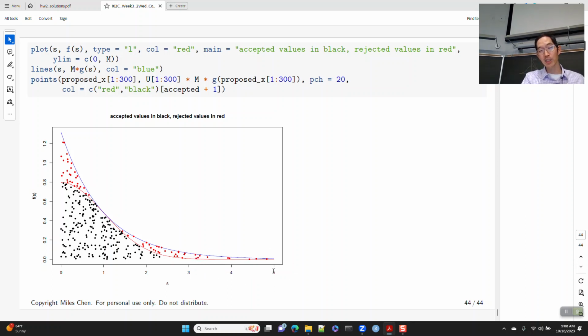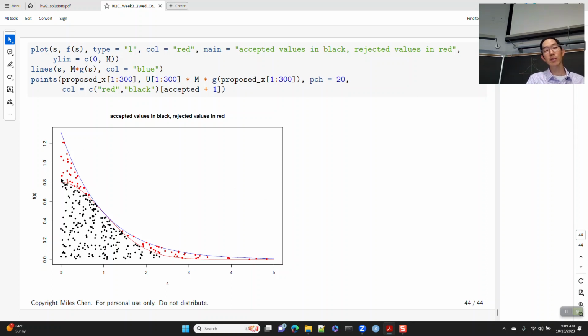So anytime it proposed a value greater than 3, almost all of those values got rejected. Looking at our sample of 300 values, anytime values were proposed greater than 3, those were all rejected. But again, because we're using the exponential, only a few values above 3 were even proposed in the first place, because the exponential says, don't propose very many values out here.